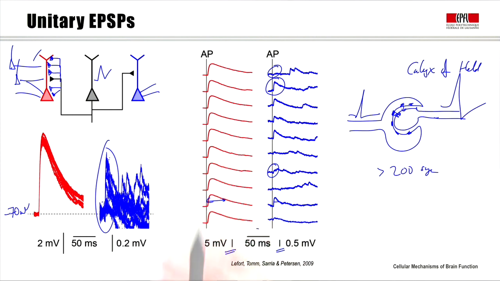But for most synapses in the brain, we need to think about small depolarizations lasting relatively short amounts of time, and these potentials need to be integrated postsynaptically in order to have further processing of information in the brain.